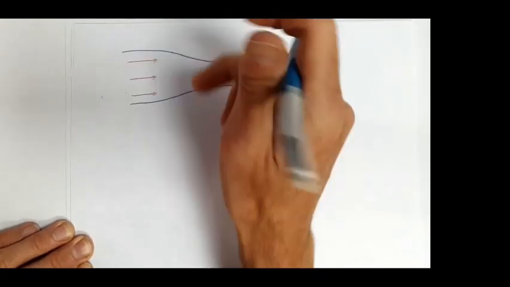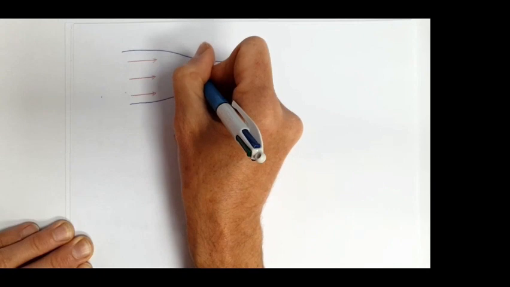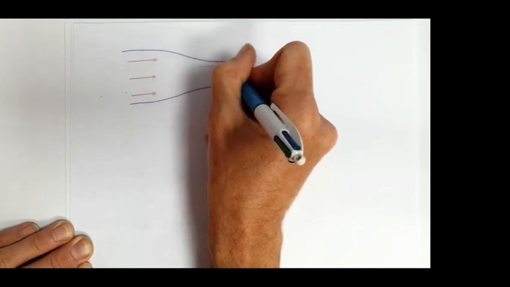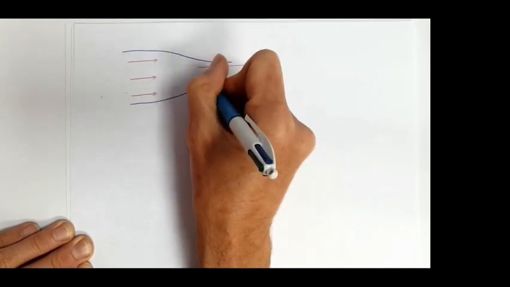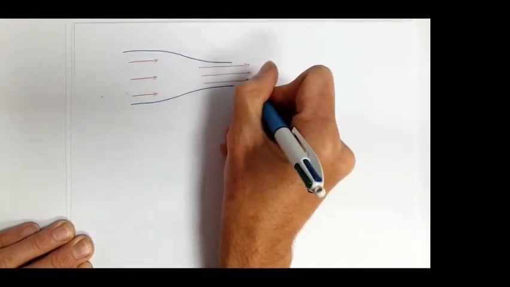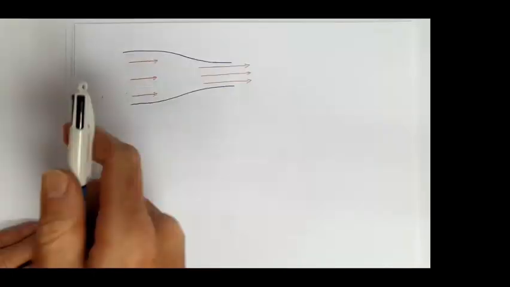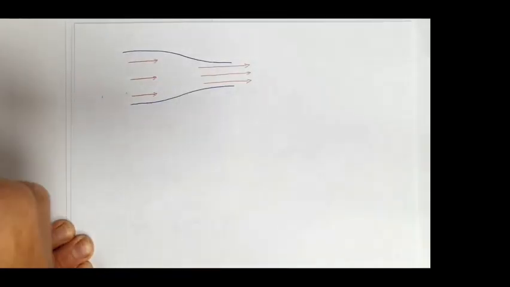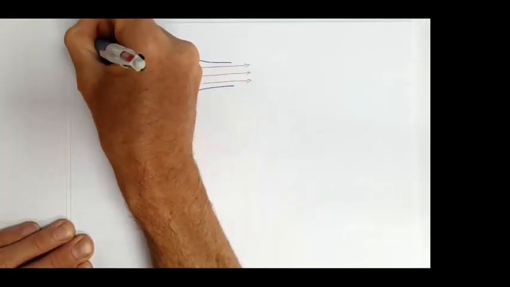As our pipe contracts, due to conservation of mass, our velocity is going to increase, so therefore I'll lengthen those vectors. So we're showing that the velocity is increasing there. So this is one-dimensional flow, 1D flow.